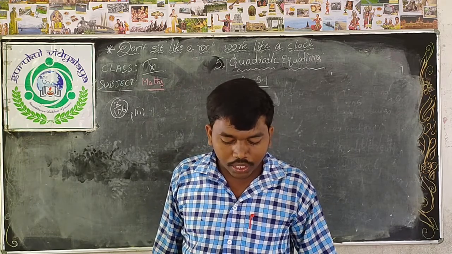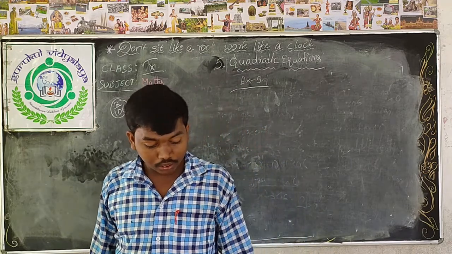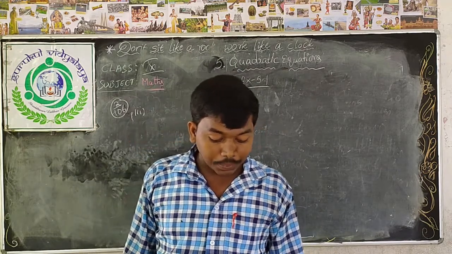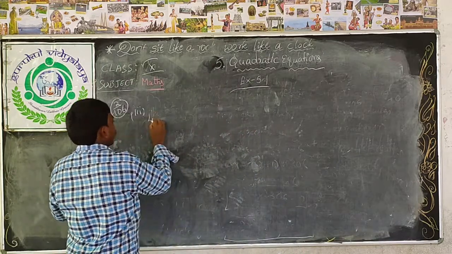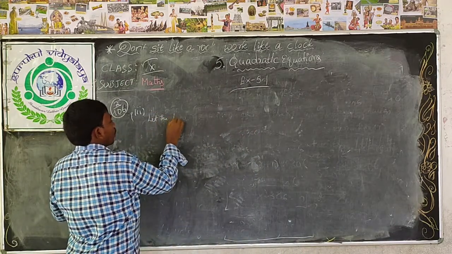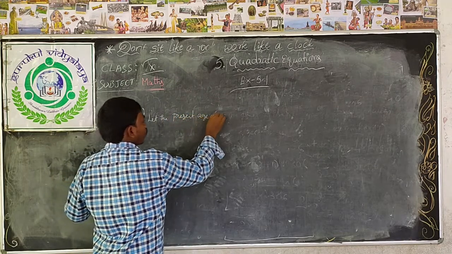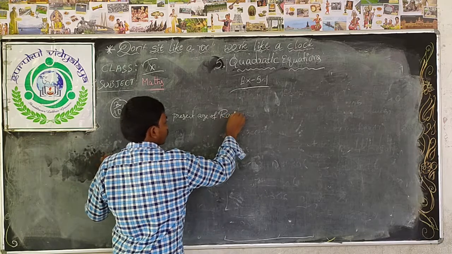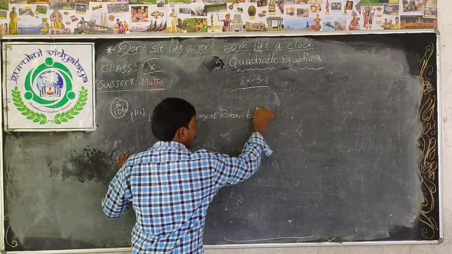The product of their ages after 3 years will be 360. We need to find Rohan's present age. Let the present age of Rohan be x years.